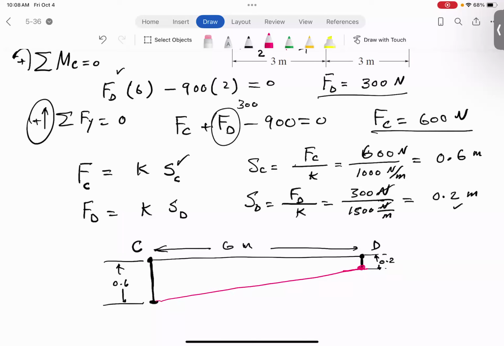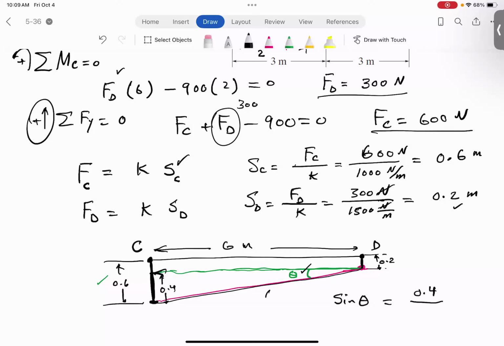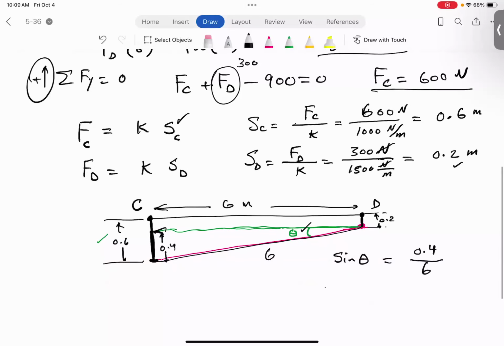Basically, we're trying to find this angle here, which is going to be very small because, as I said, I'm exaggerating here. You can go with tangent because the angle is so small, or sine. Maybe logically you should use sine. Sine theta is opposite, which is 0.4, divided by the hypotenuse, which is 6. If you use your calculator, it should be about 3.8 degrees, which is relatively small.